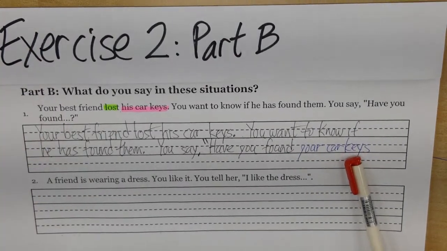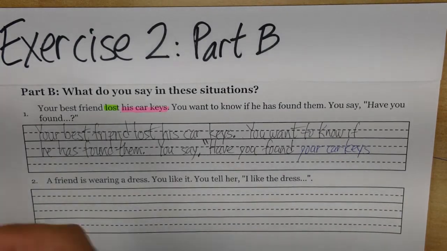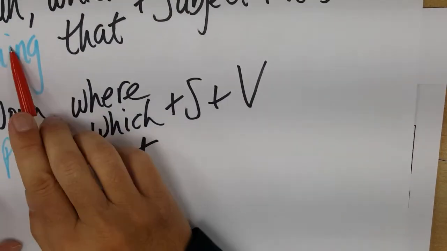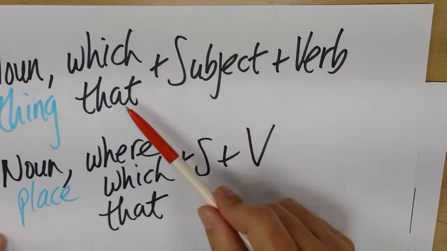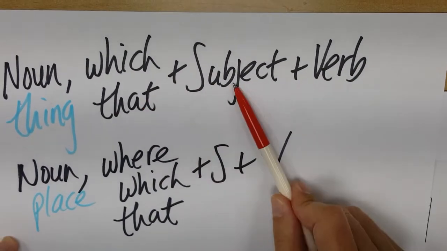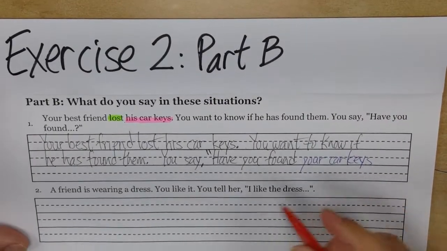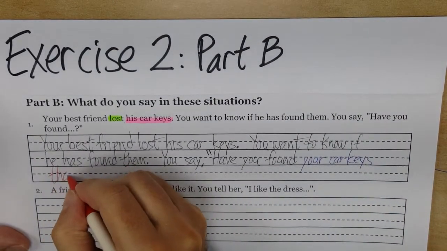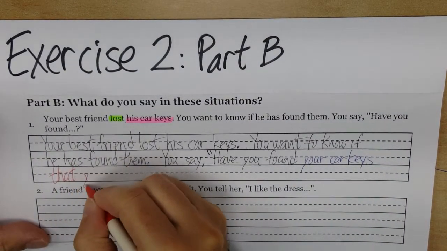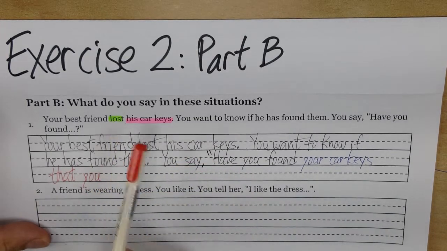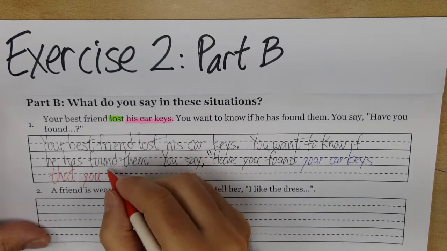The noun is a thing, so we can use which or that, plus subject plus verb. Have you found your car keys, marker, that you, look at here, lost, okay? That you lost.